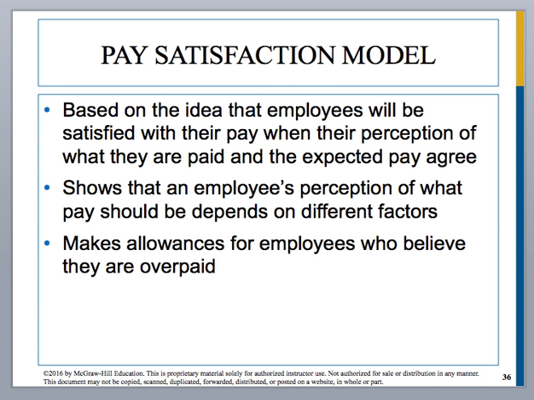The pay satisfaction model is based on the idea that employees will be satisfied with their pay when their perception of what they're being paid is acceptable and the expected pay as agreed upon. And it shows that an employee's perception of what their pay should be depends on different factors, different ways in which they are looking, different ways in which they feel they're impacted, whatever's going on in their personal life, as well as it could be variables as far as what they're seeing other people being paid.